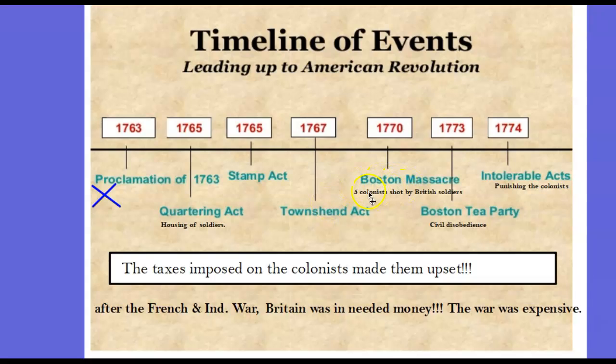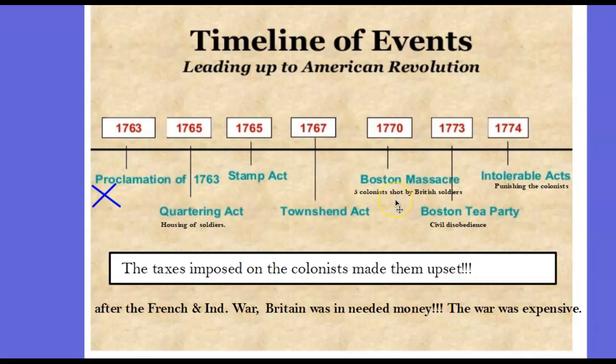To make things worse, since the colonists were already building resentment over the British government, the Boston Massacre happened. Remember when 5 colonists were shot by British soldiers? They were facing an altercation, and all of a sudden, a brick was thrown, it hit a soldier, and so they accidentally fired, and then more and more shots were fired.